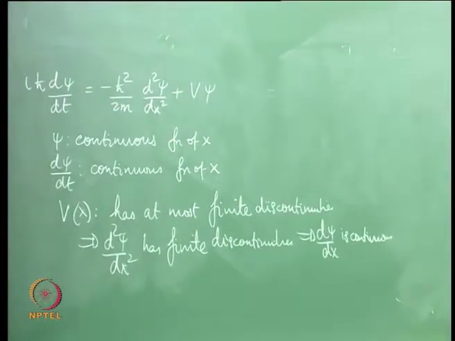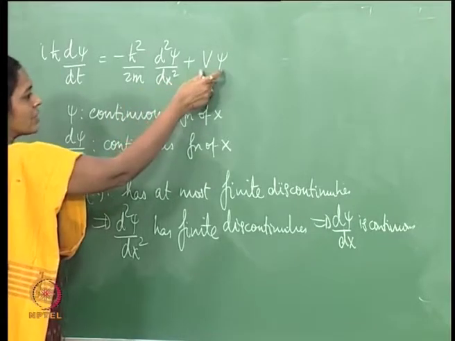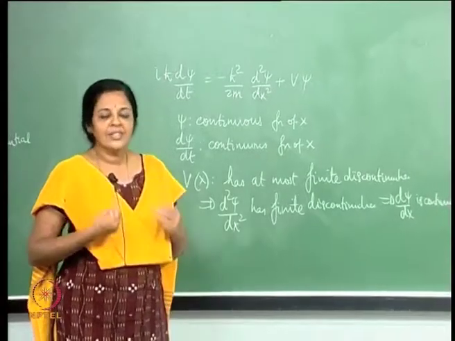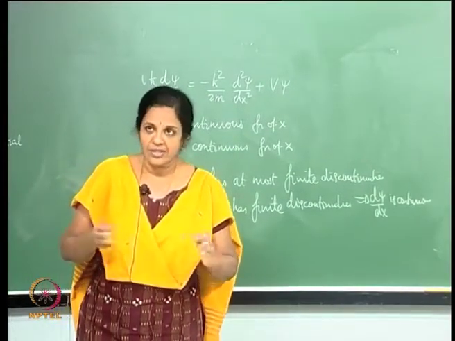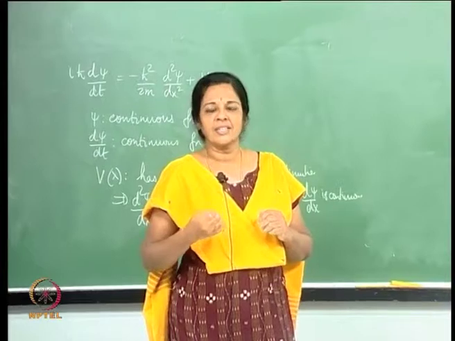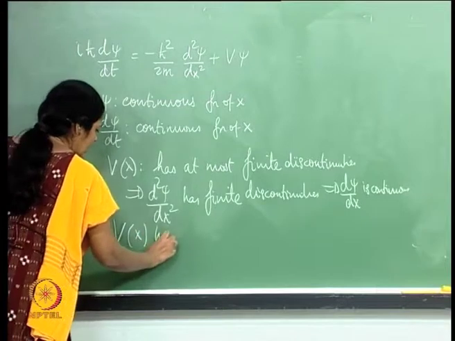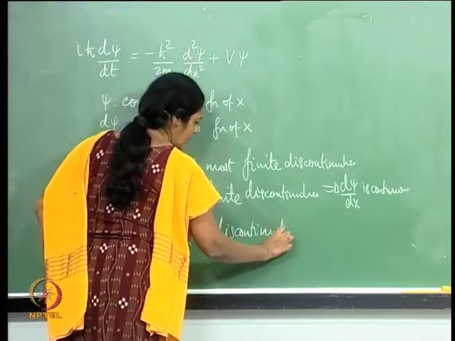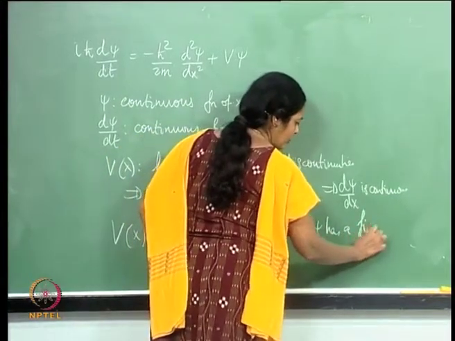Certainly the left hand side continues to be a continuous function of x, and therefore, the infinite discontinuity here must be compensated for by an infinite discontinuity there, which means the second derivative of psi has an infinite discontinuity or a set of infinite discontinuities. Now, that means that the first derivative d psi by dx has finite discontinuities. So, if V of x has an infinite discontinuity, d psi by dx has a finite discontinuity at that value of x.